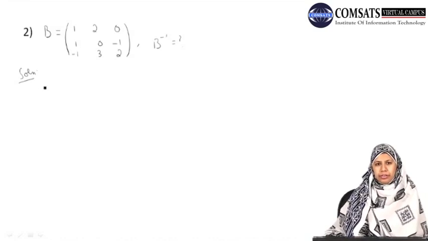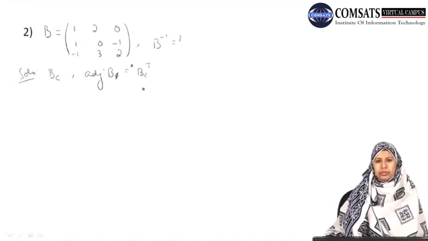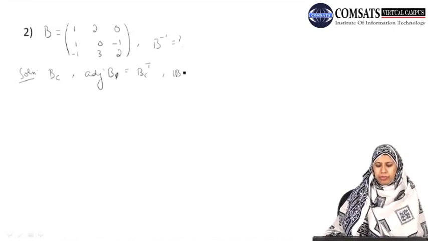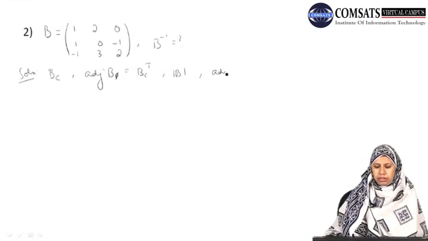Then we have to first find the matrix of cofactors. Then we find the adjoint of the original matrix, which is the transpose of the matrix of cofactors. We have to find the determinant of our matrix, and in the end the ratio of the adjoint of B to the determinant of B.